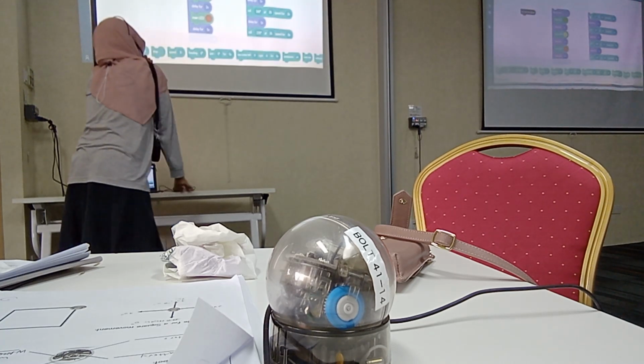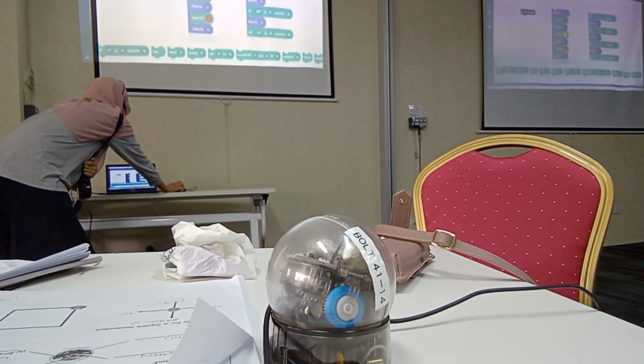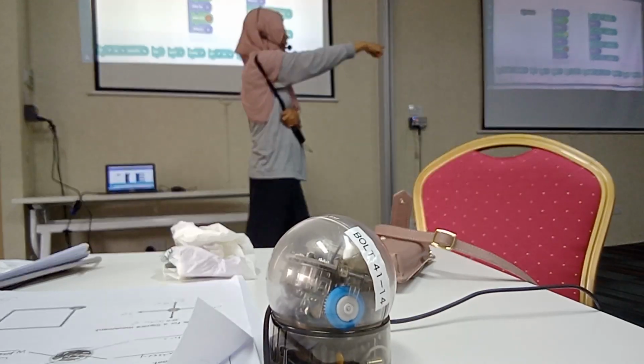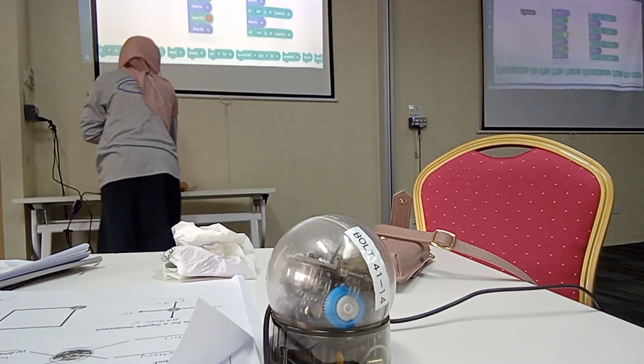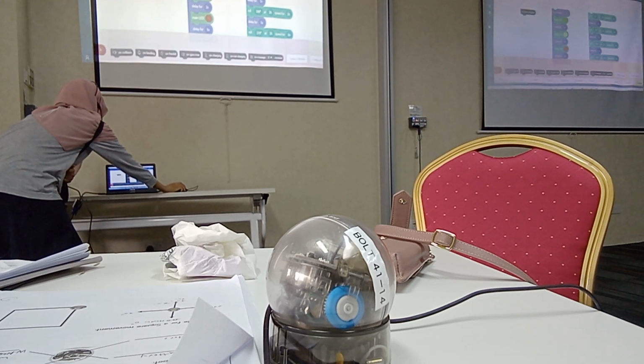So easily I make a function. Can you see next to the variable tab? There's something called function. Can you see it over there? Alright, so you just click on function over here, and then you click create a function.